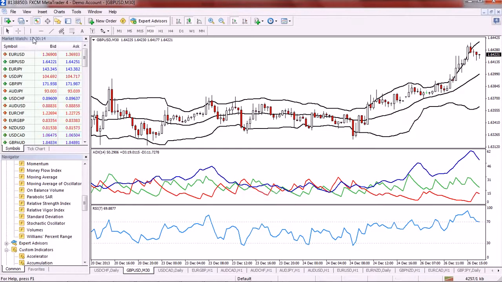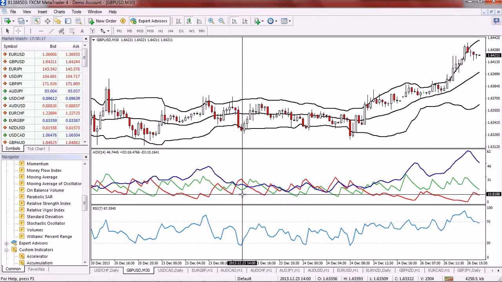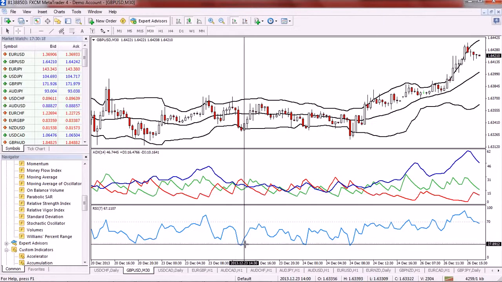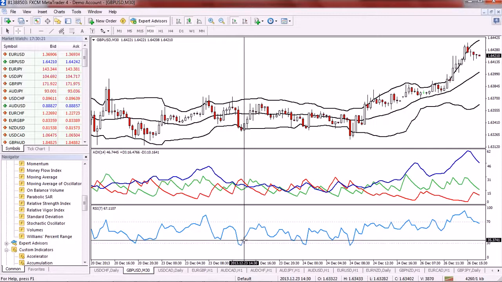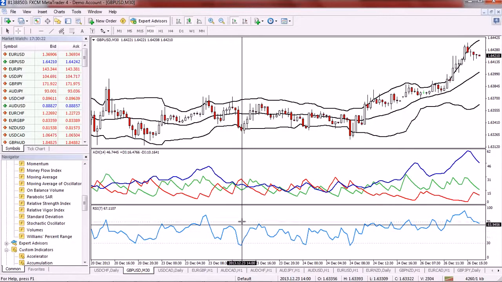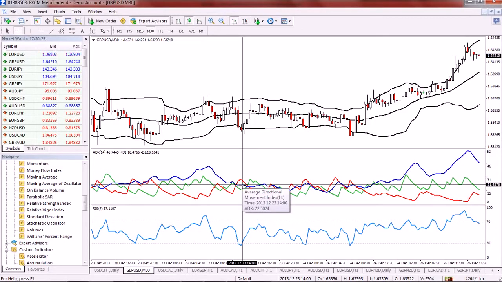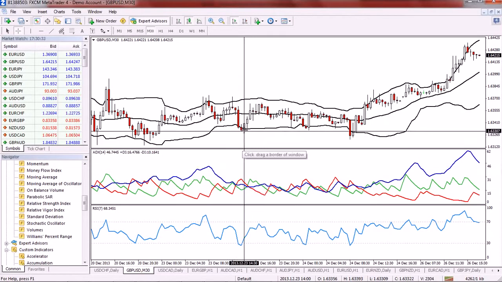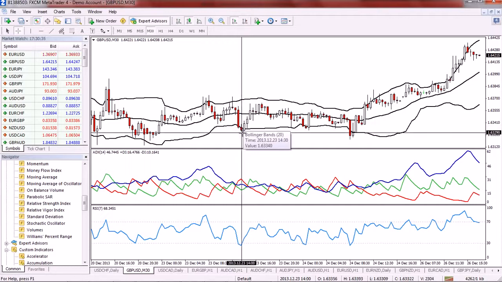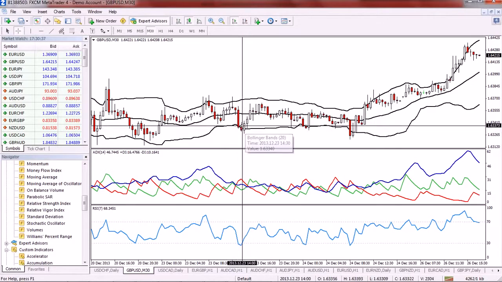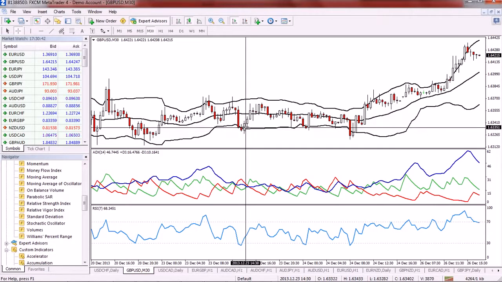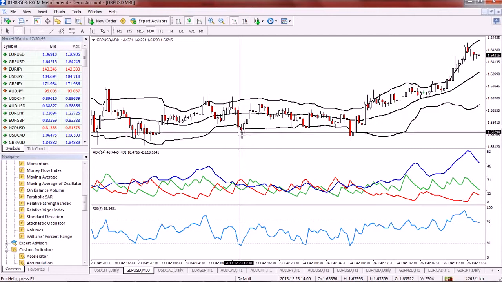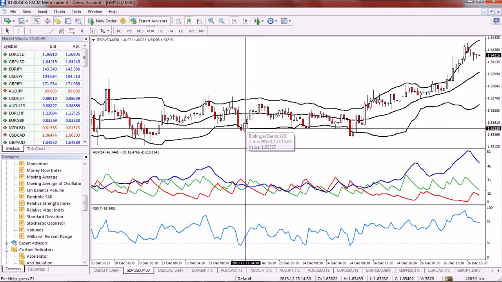If you see this point where the RSI indicator is crossing the 30 level from below, the actual ADX line value is 21, which is below 32. And on the actual chart, the candlestick should close below the Bollinger band. These three entry criteria must be met for a long entry.